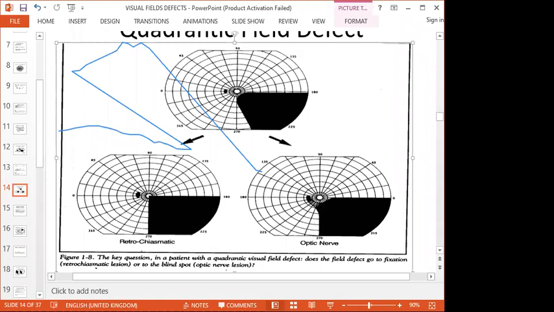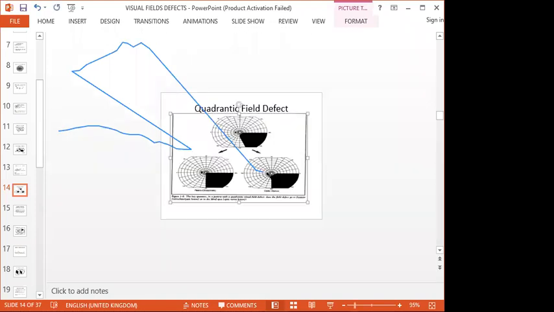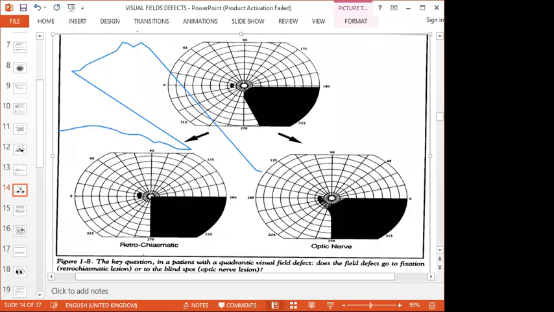Where is fixation? The fixation point. This is blind spot. This is fixation. Are we clear?